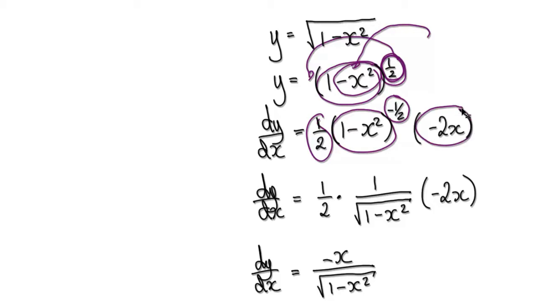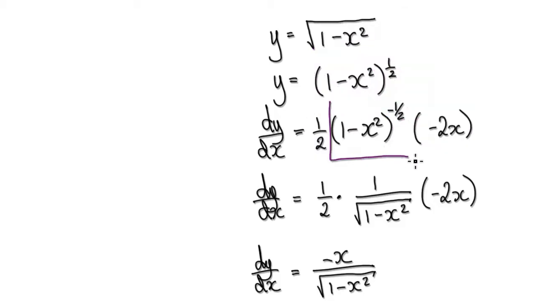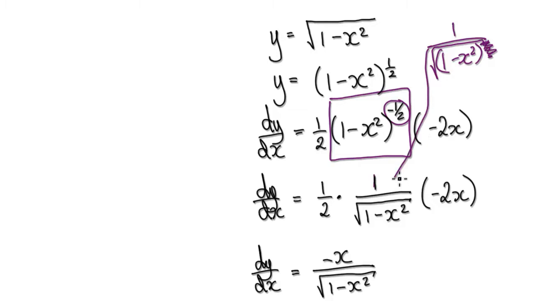And then your eyes should zoom into this bit here. You can see it's a negative power, so you immediately jump to 1 over the positive version of the power, and then to the power of a half is really the square root, which will then give you this.